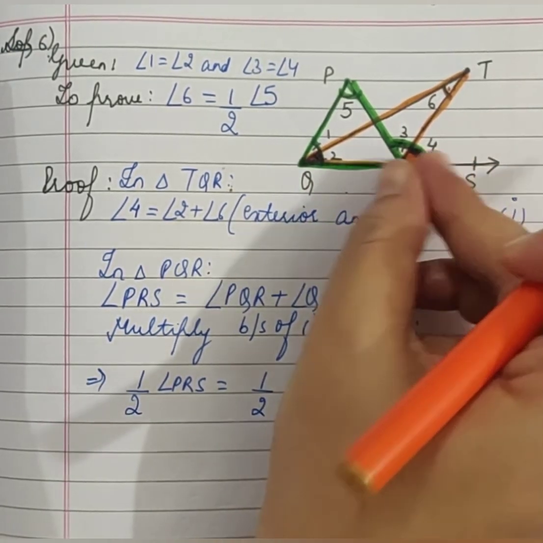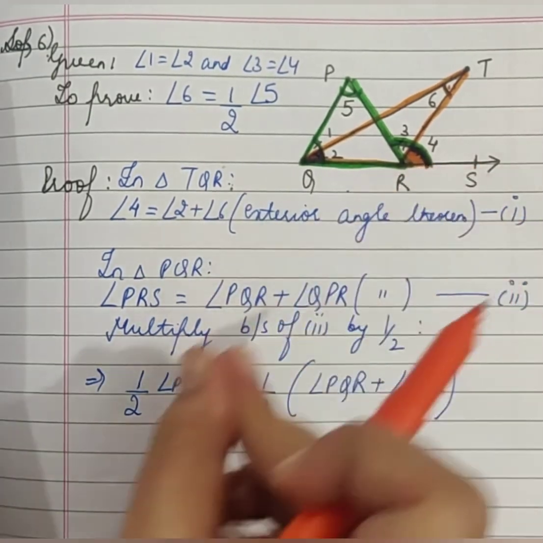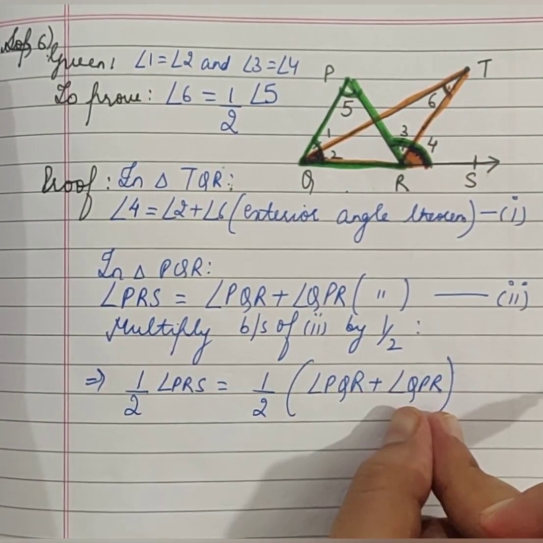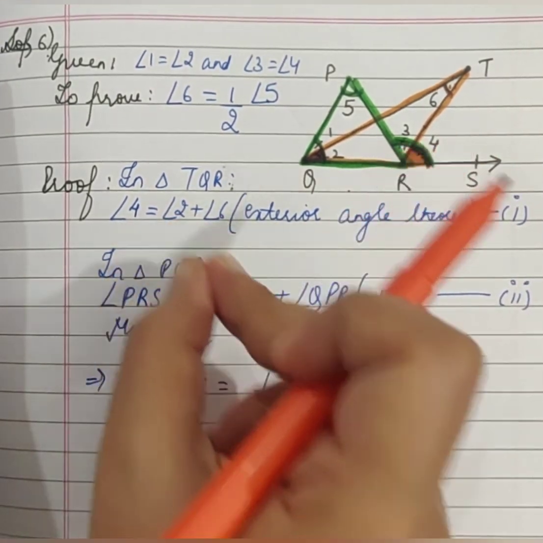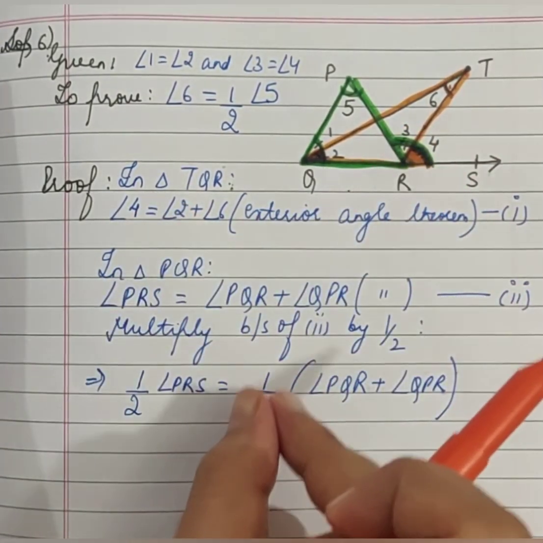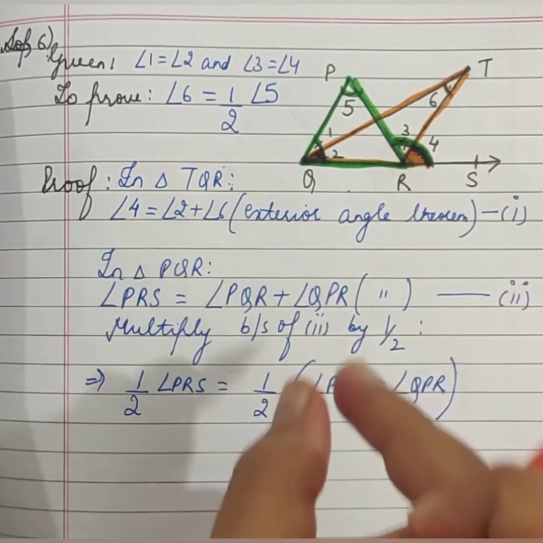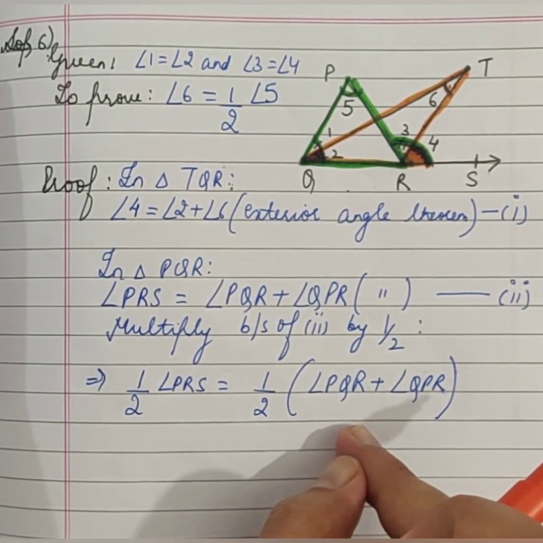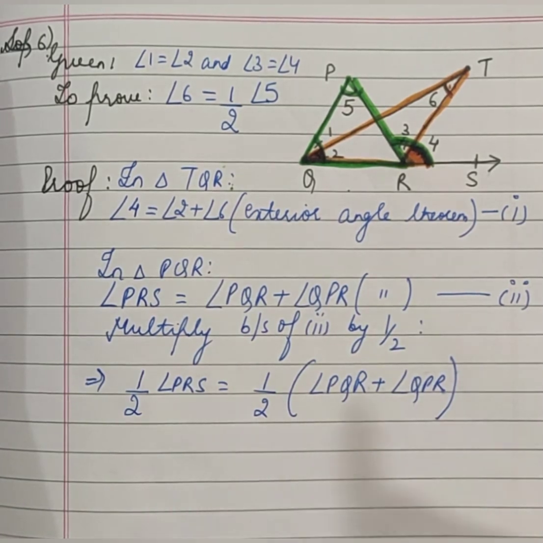Now see, angle 4 and angle 2. I am extracting angle 4 and angle 2 from this equation, and they were also there in equation number 1. So we are extracting the same angles from this also. That is why we are multiplying both sides by 1 by 2.